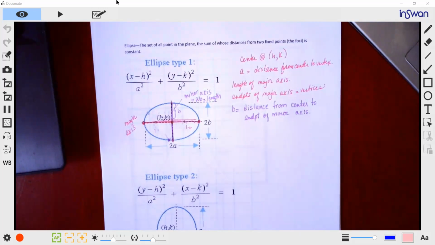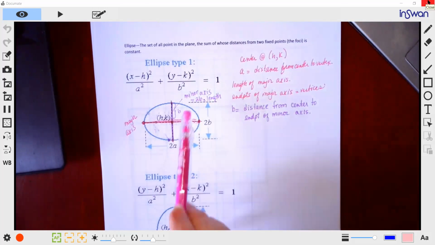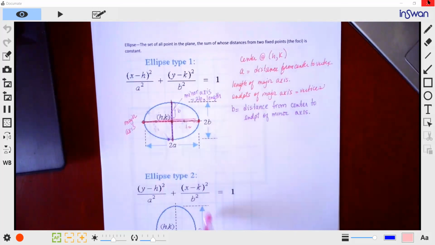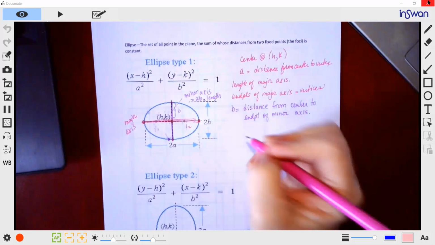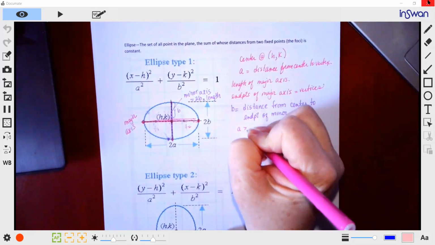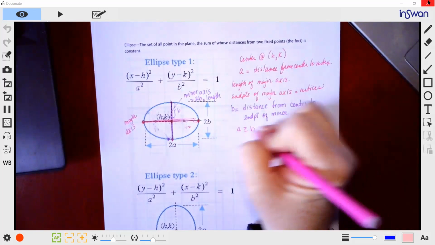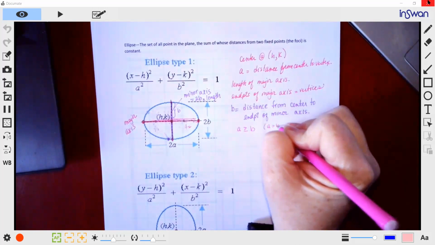So some people call a circle a degenerate form of an ellipse, because if you don't put in the requirement that a is actually bigger than b, then you get just a circle if a is equal to b. But in general, other than when we have circles, a will be bigger than b. It's always going to be bigger than or equal to b. When a is equal to b, we have a circle.